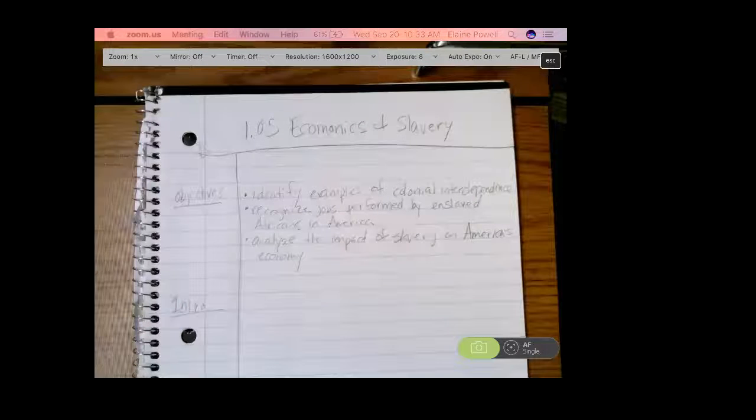So in the intro, how could we capture that little paragraph in our own words? What are some important parts of that little intro paragraph? There are a few pretty important things in that.